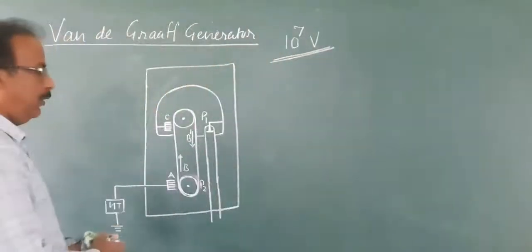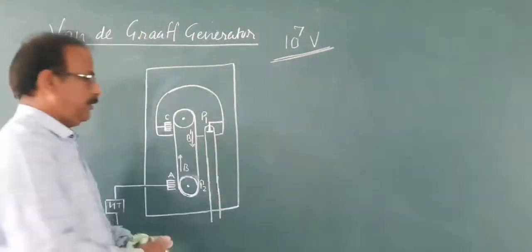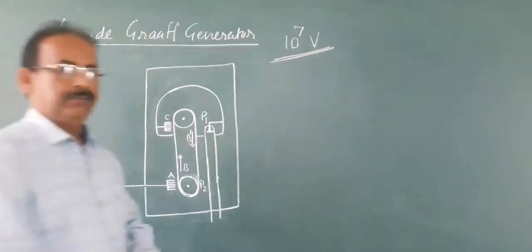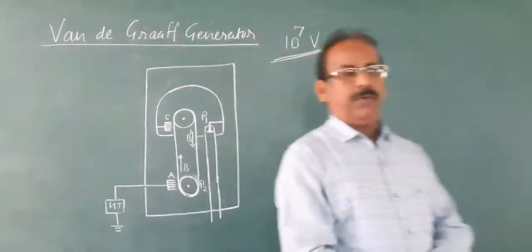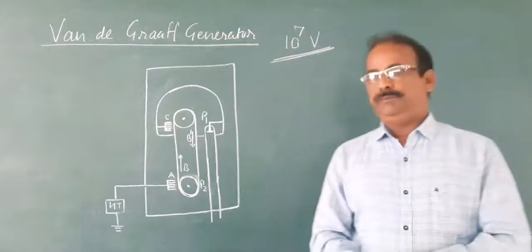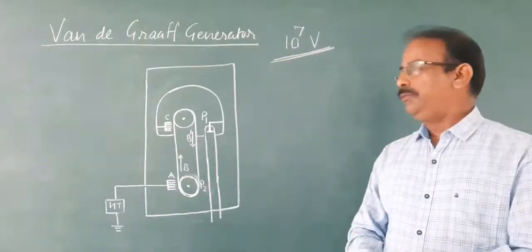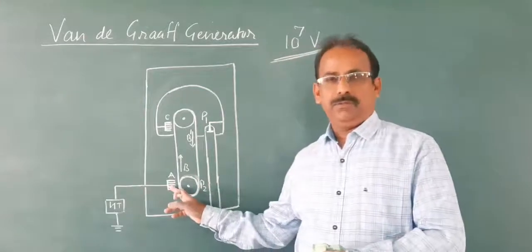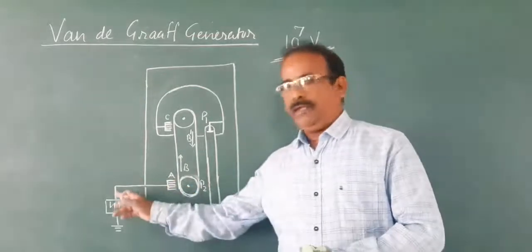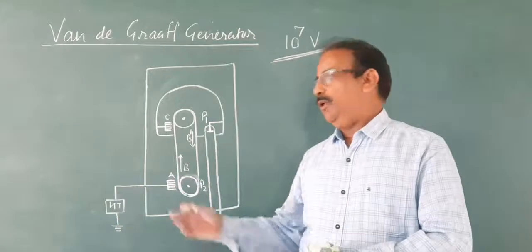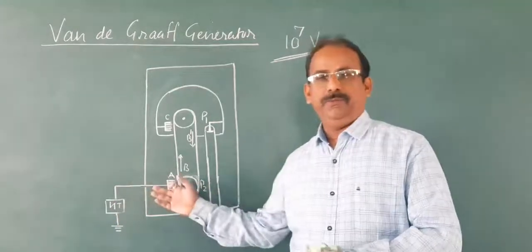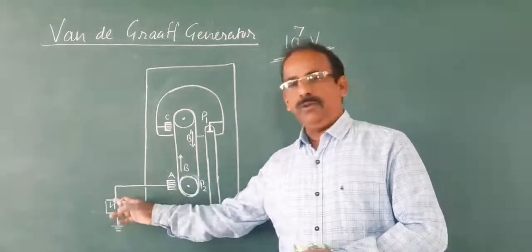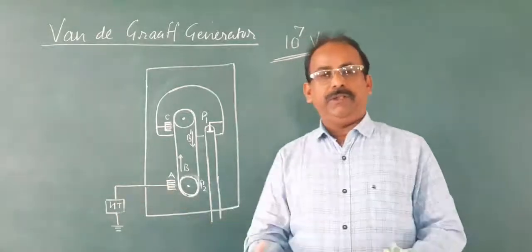Now, how is the working of this generator? This spray brush, which is connected to the high tension battery, will receive charge. If it is connected to the positive terminal, it will receive positive charge.